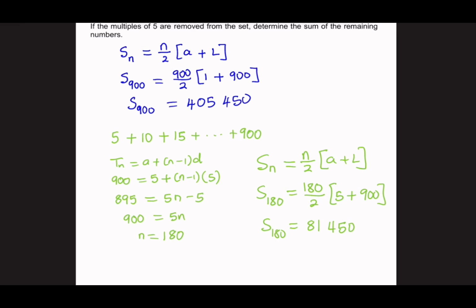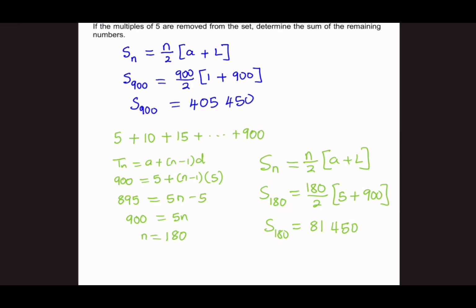Now, take that sum of every single number and minus the sum of all the multiples of 5. And so then you would be finishing up your question.